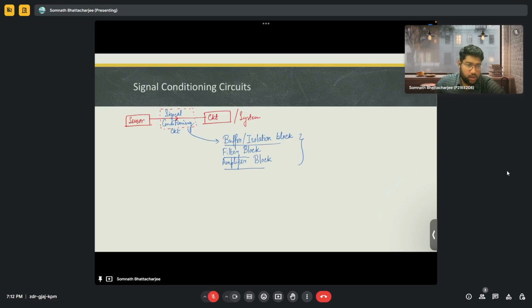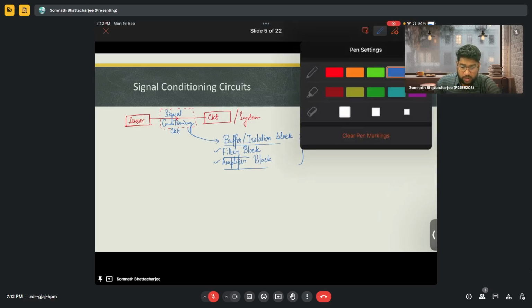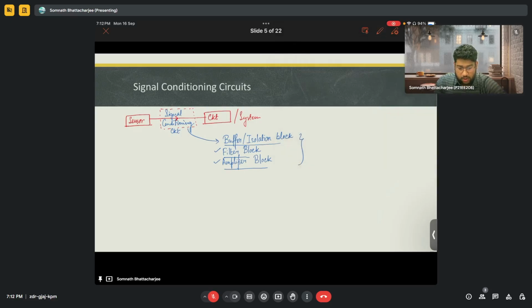I don't think we need to learn much more about these buffer blocks, but still we'll learn about this, and let's move on to the next part.